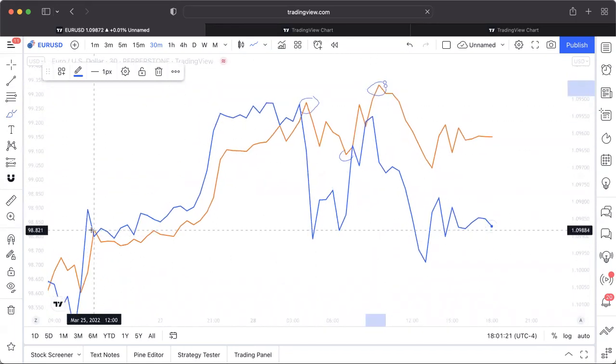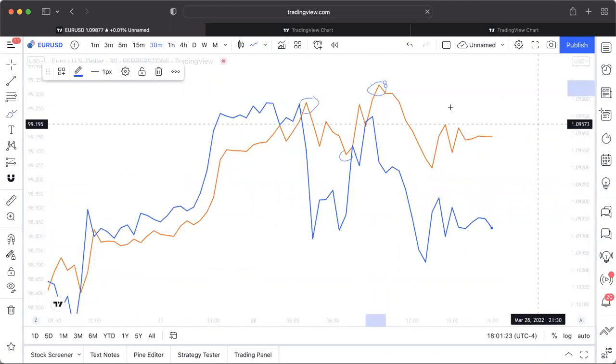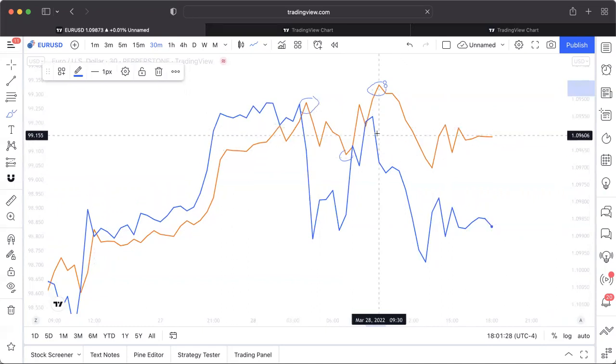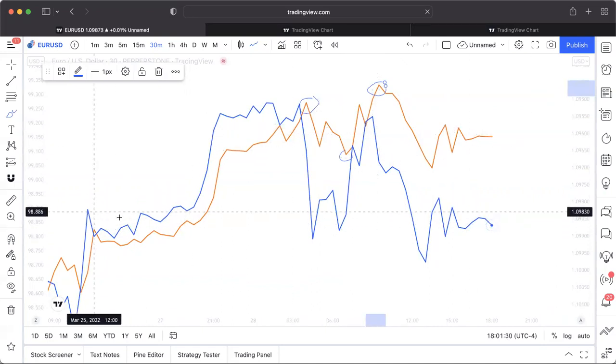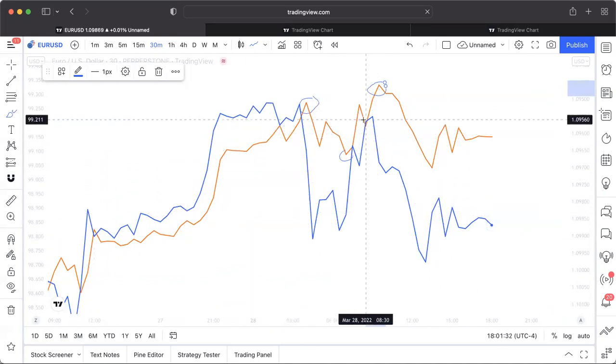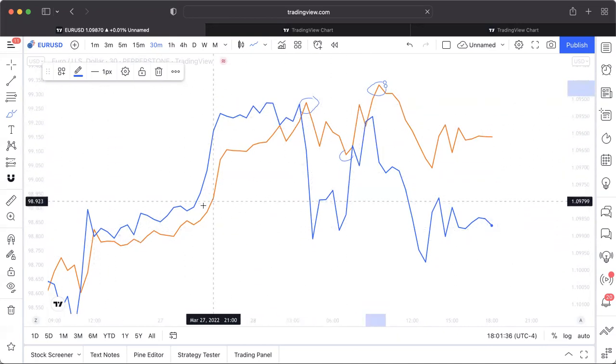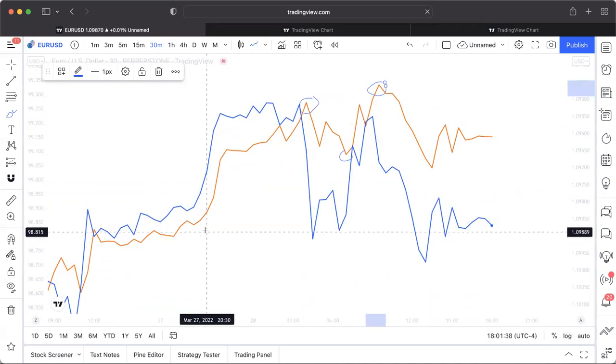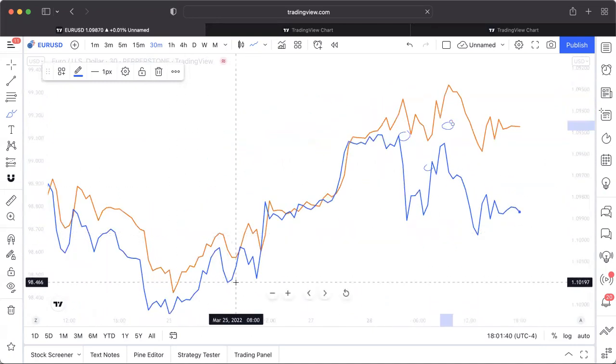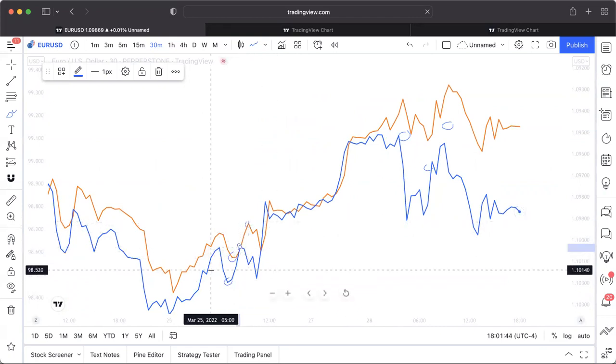As we've seen in the past, now we inverted the two lines, or the Euro-USD is inverted. When we do not have the SMT, they are both moving in the same direction, and we can see that it's creating the same thing. We have this low, this low, this high, that high, same thing.